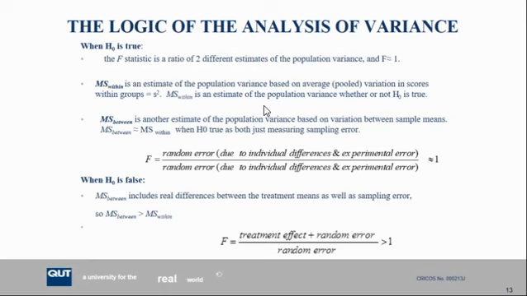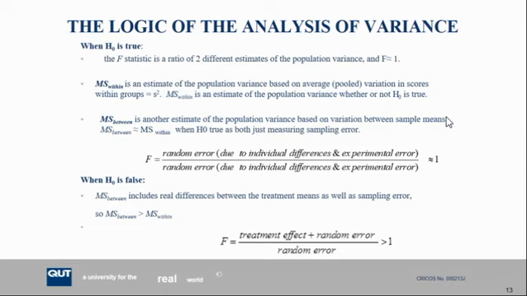This is an estimate of the population variance, whether the H0 or the null hypothesis is true or not. However, MS between is another kind of estimate of the population variance based on the variation between our sample means. So if the null hypothesis is true and there's no difference between our groups, it's just another measure of sampling error.